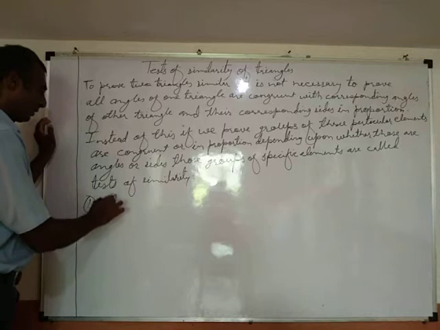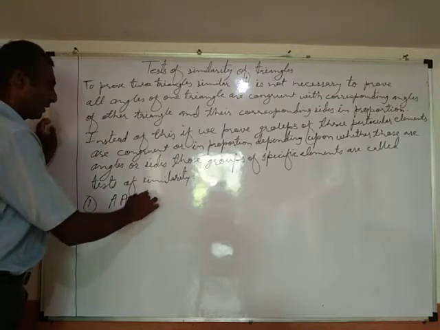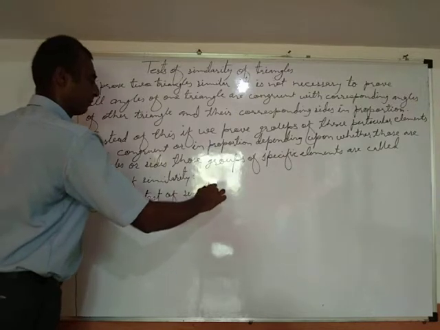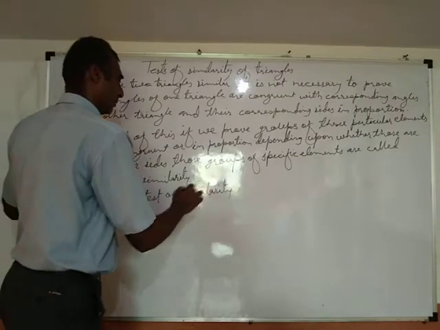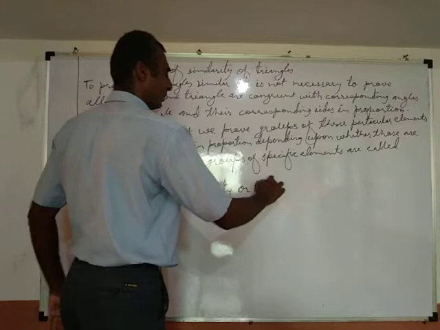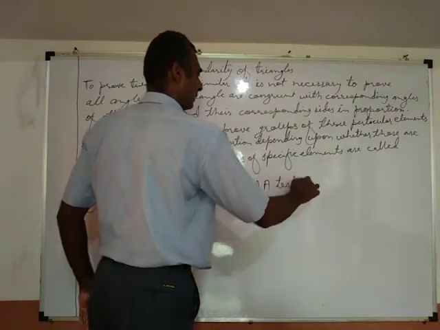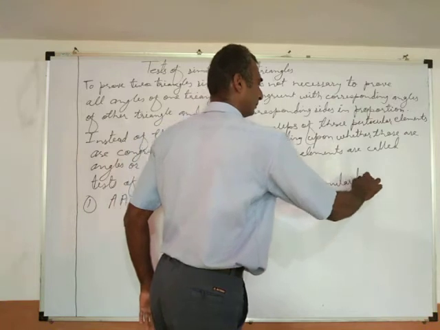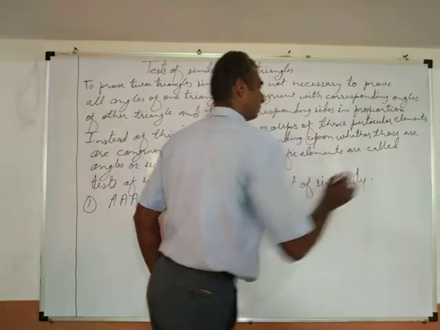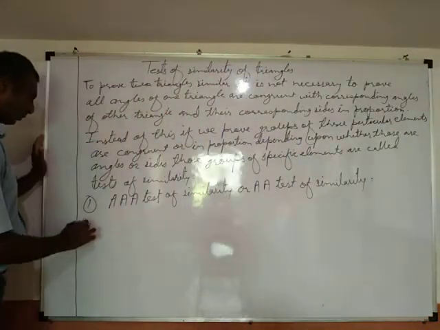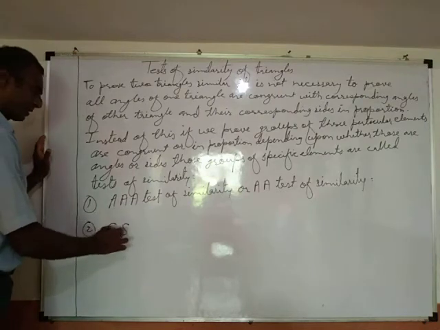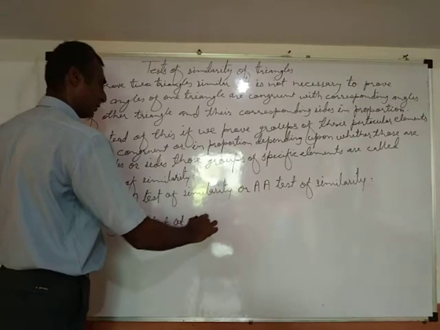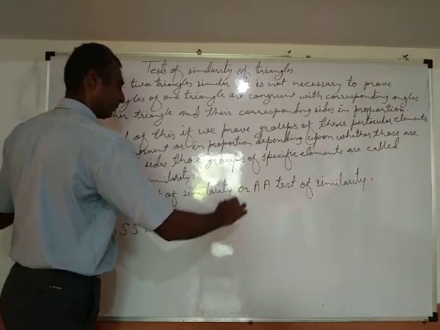Number one, AAA test of similarity or AA test of similarity. Number two, SAS test of similarity.